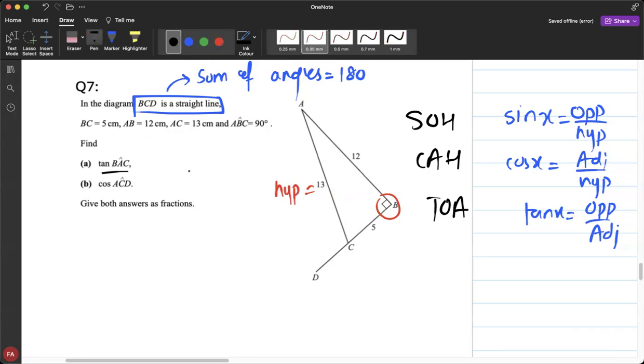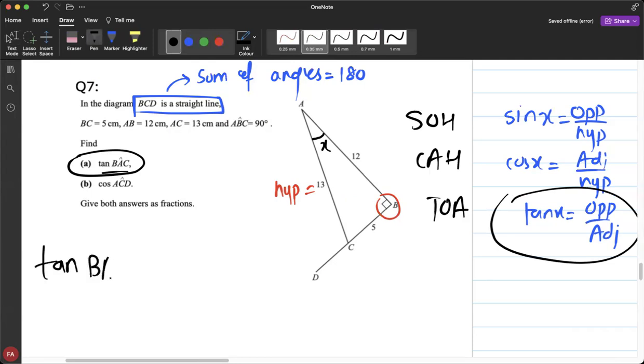The first part of the question says tan BAC. So they're asking us this angle over here. And they're asking us to figure out tan. Which one should I use? This property. So I can say tan BAC is equal to opposite. What's opposite? 5. And what's adjacent? I said this earlier as well. 13 is not the adjacent, 13 is hypotenuse.